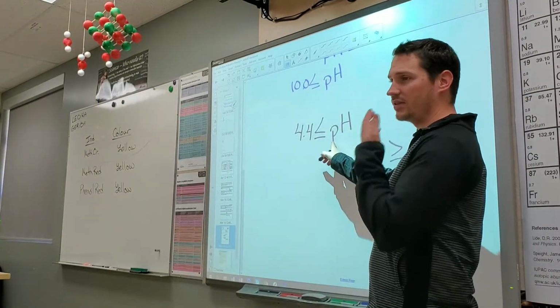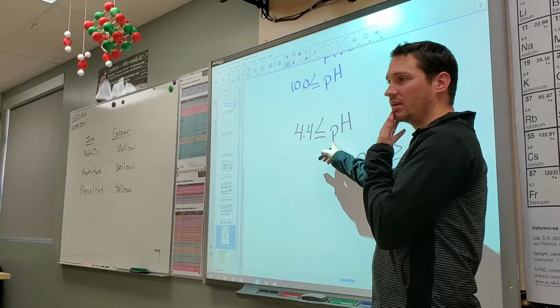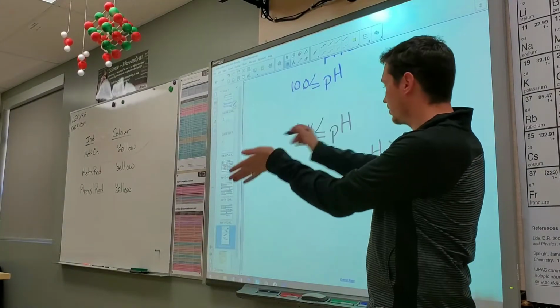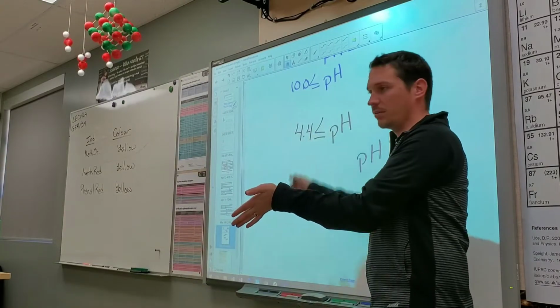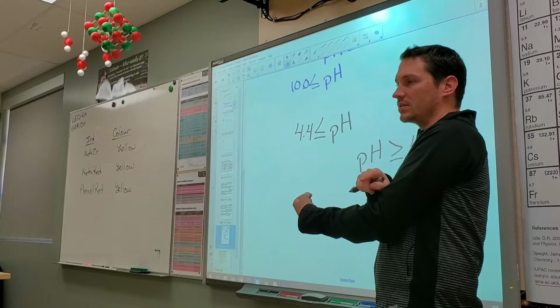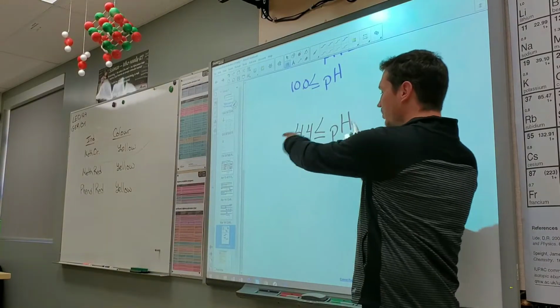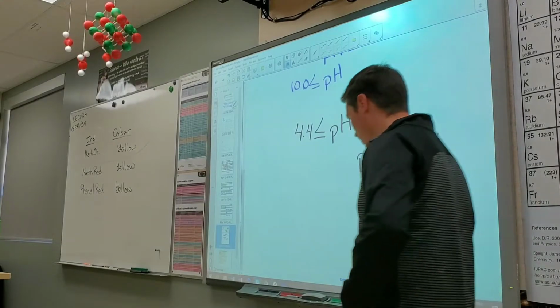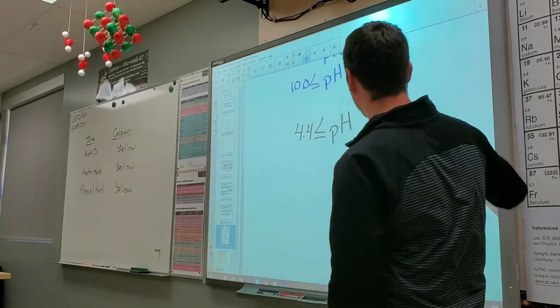Do you not see how this is the exact same thing? The pH is greater than, because it's on the big side, right? The unknown is greater than 4.4. So it doesn't matter what side the inequality is on. If I move these to opposite sides, the inequality has to move as well. Okay, so it means the same thing.